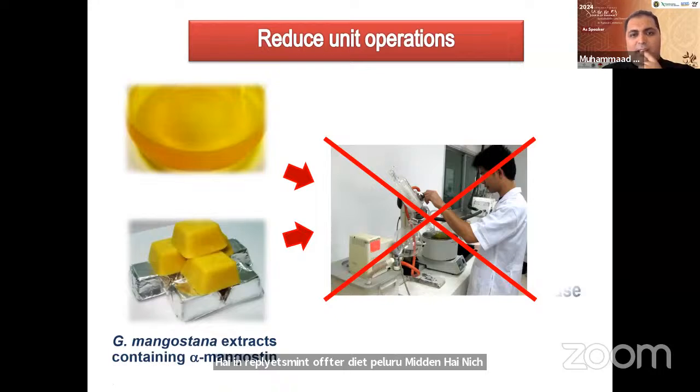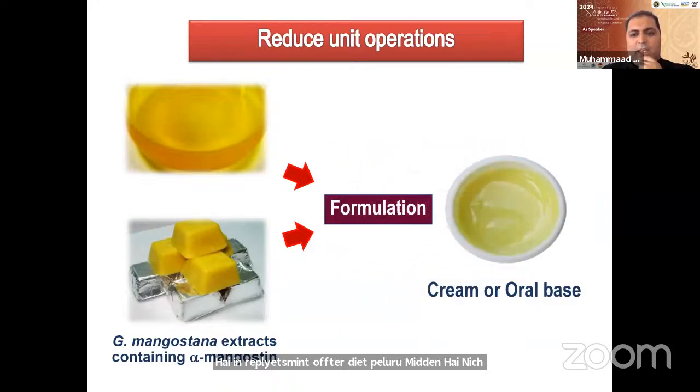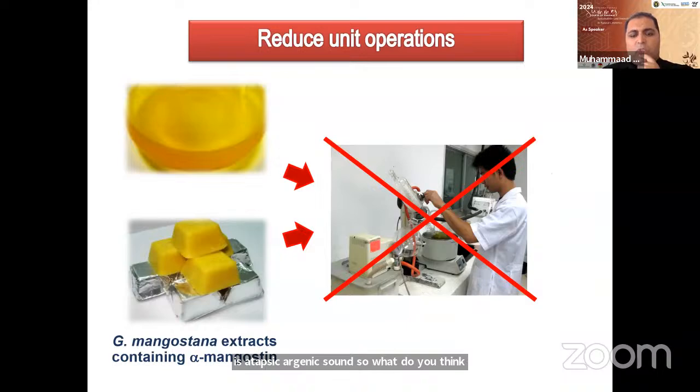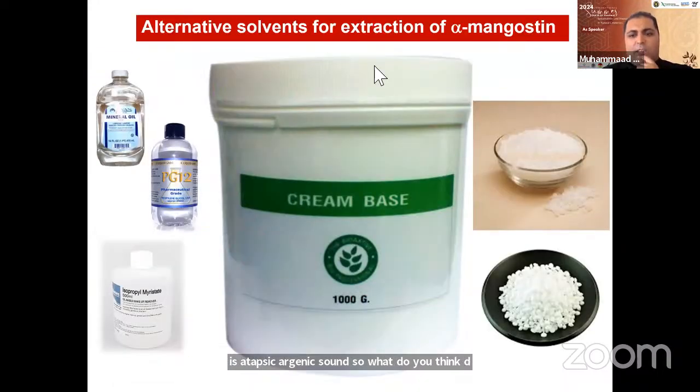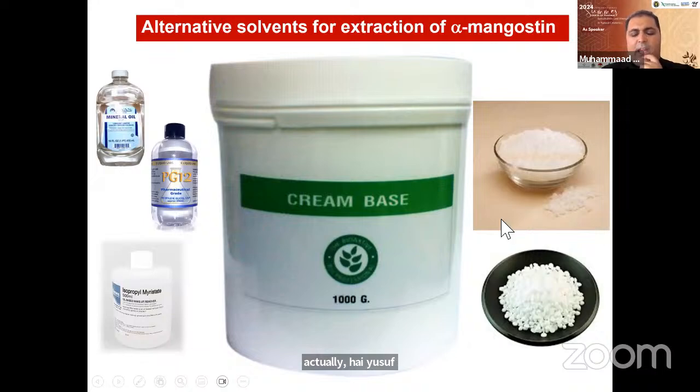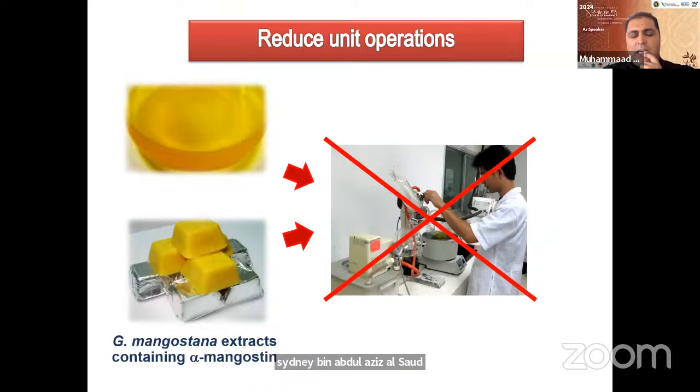So what our colleagues did, they actually used stearyl and cetyl alcohol. You can see in this slide, these are the cetyl and stearyl alcohol, and in pharmacy, cetyl and stearyl alcohol are used as a cream base. So we thought that cetyl and stearyl alcohol have similar polarity.